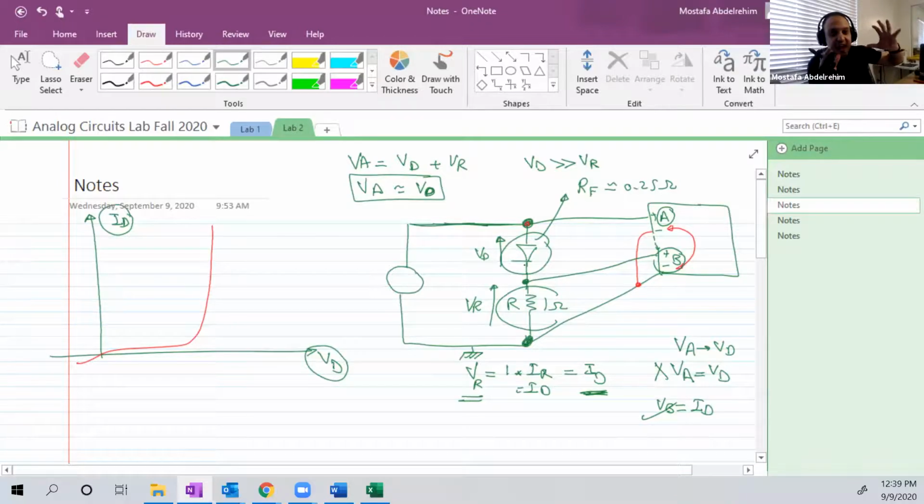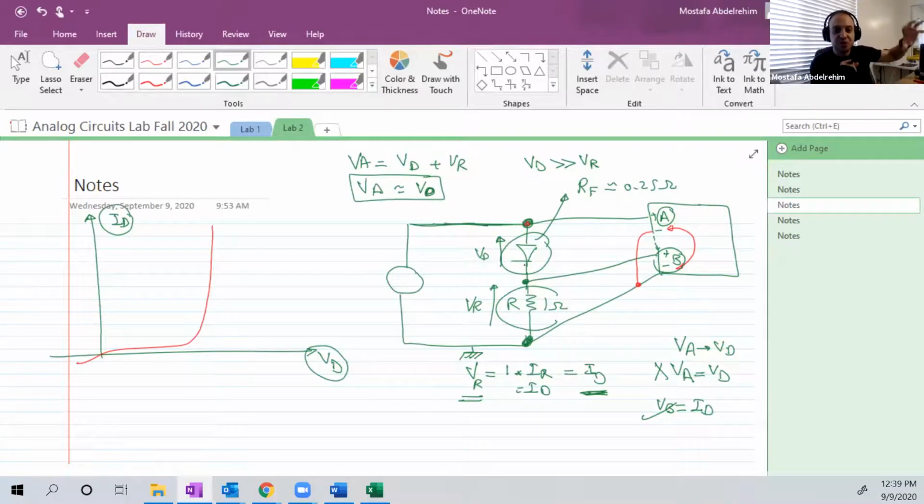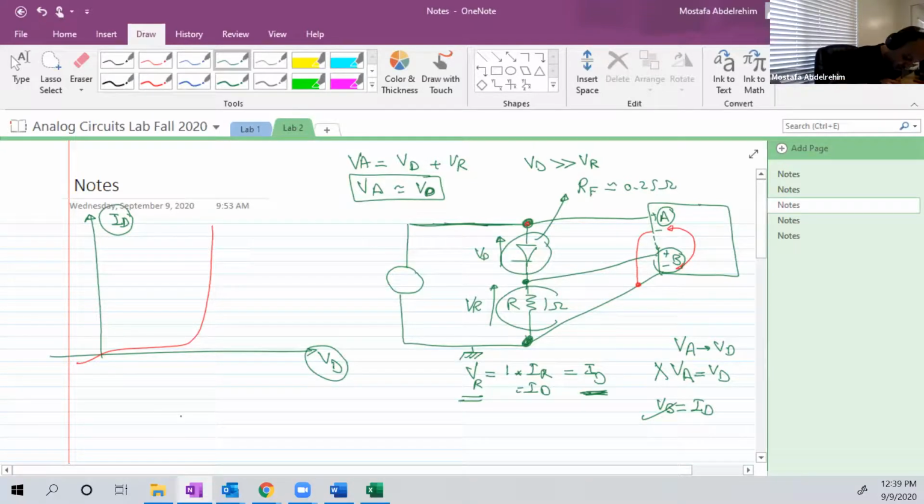So it will have a considerable voltage drop compared to the voltage drop of the diode. So how to get rid of that? We must choose R much smaller than 0.25 ohms, so it will have a negligible voltage drop compared to the diode.